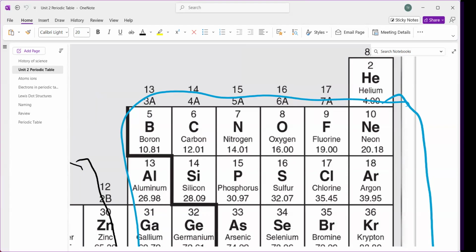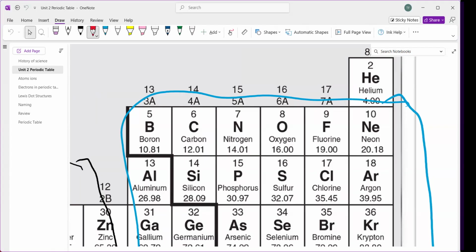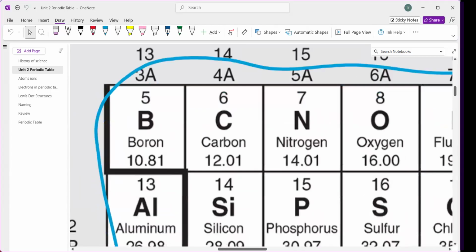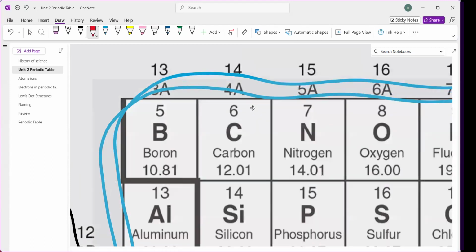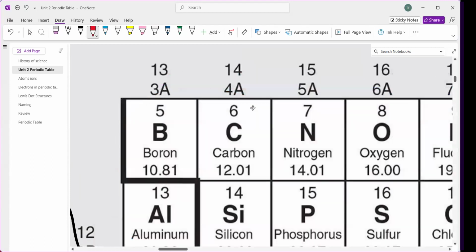Okay, so we've got a symbol, a one or two character symbol for every element.